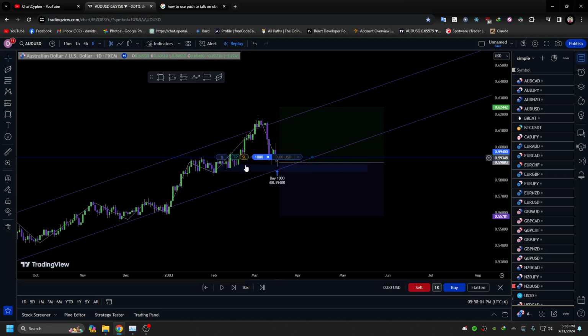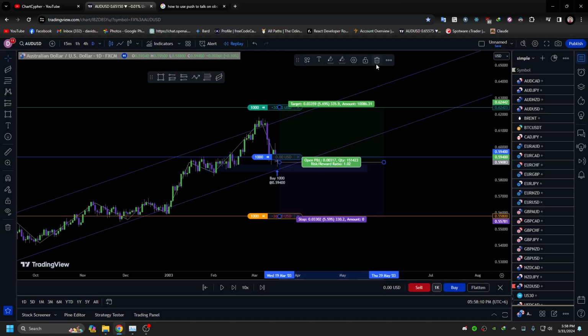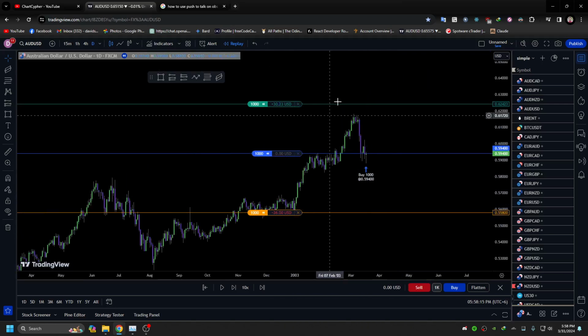And for the stop loss, you just drag this to here, this is the stop loss, and this is the take profit, right? And you delete everything else, just those two.